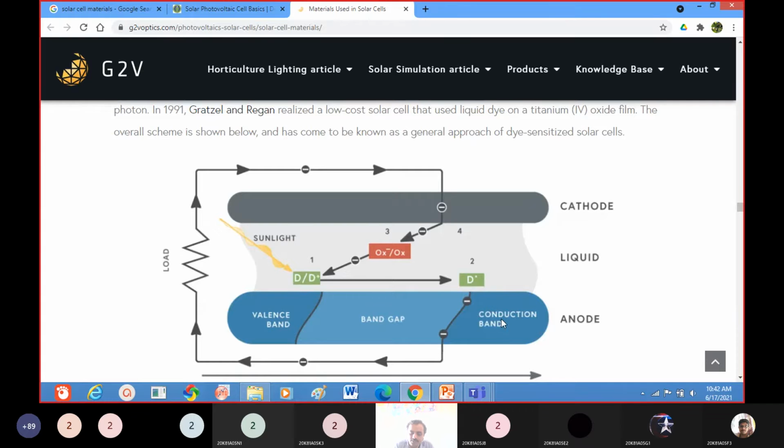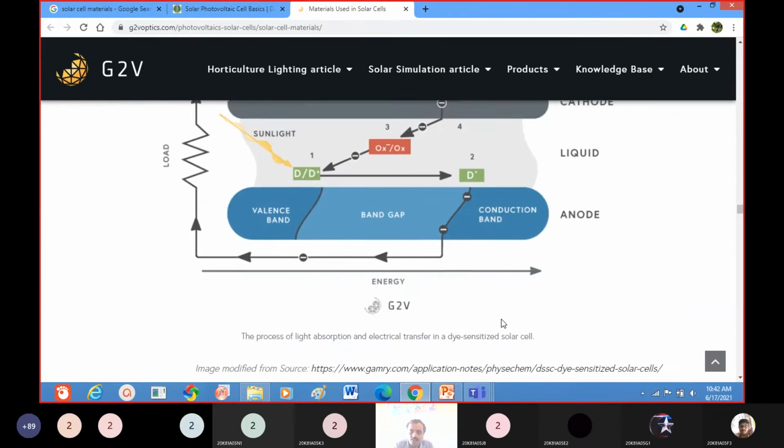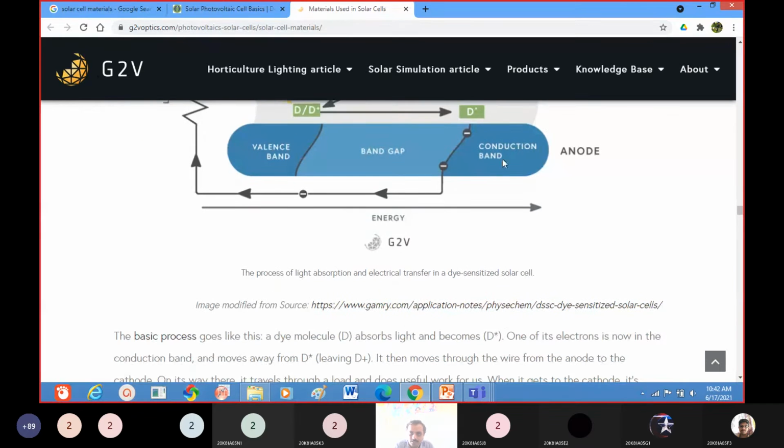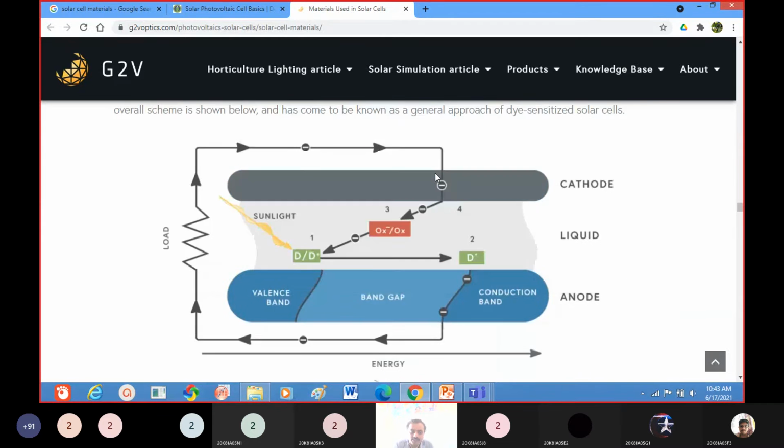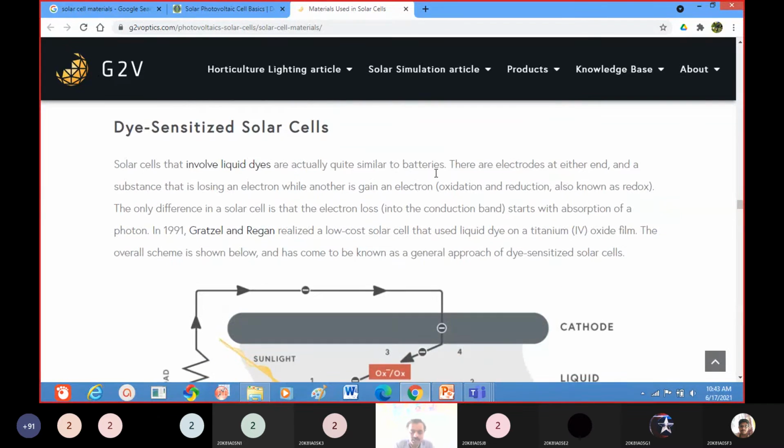The electron goes from the valence band to the conduction band. Because of that ionization process, holes accumulate here and electrons accumulate here. Because of that, some potential difference will be developed. This is the dye-sensitized solar cell.